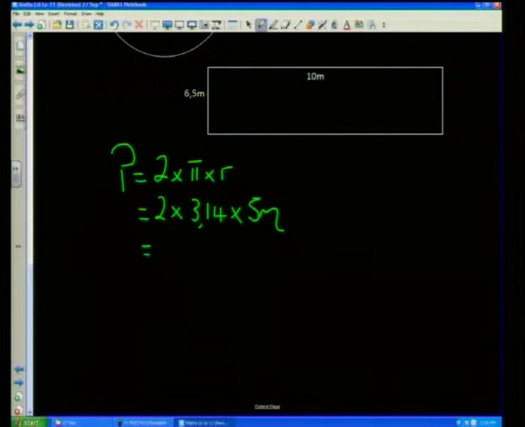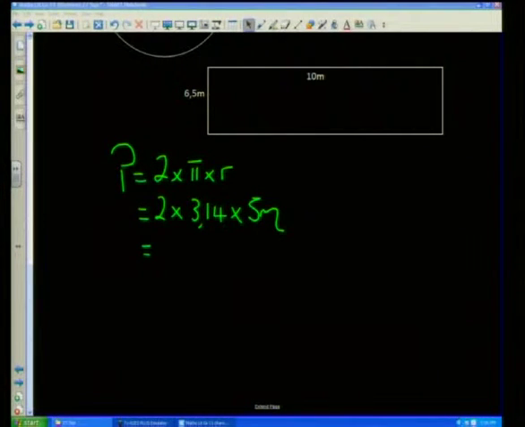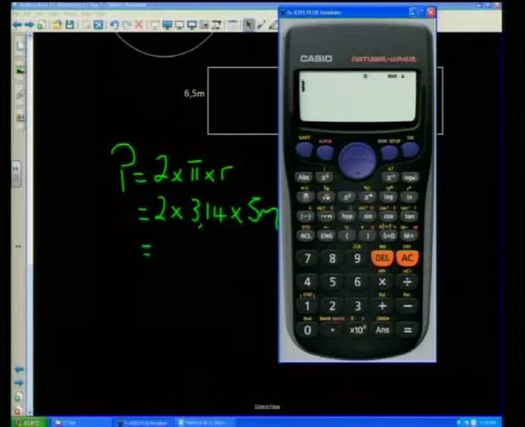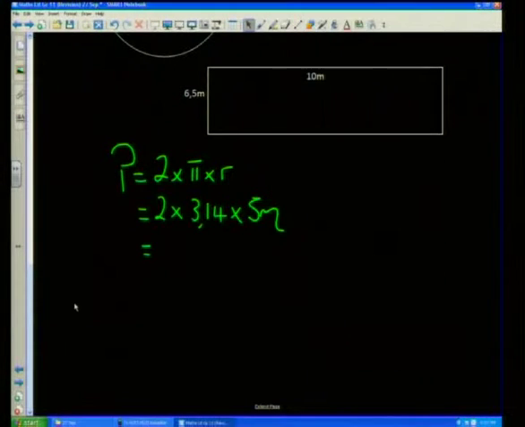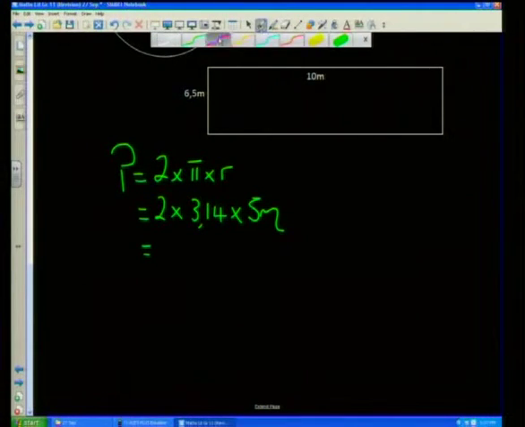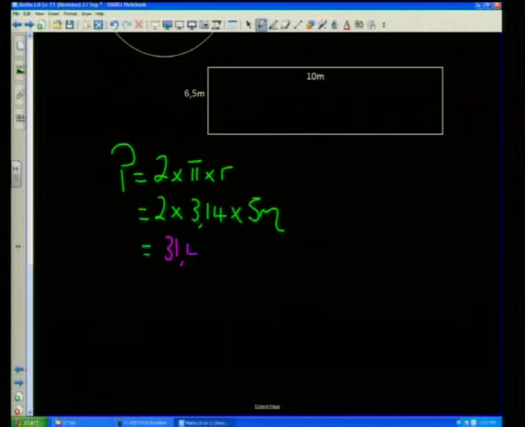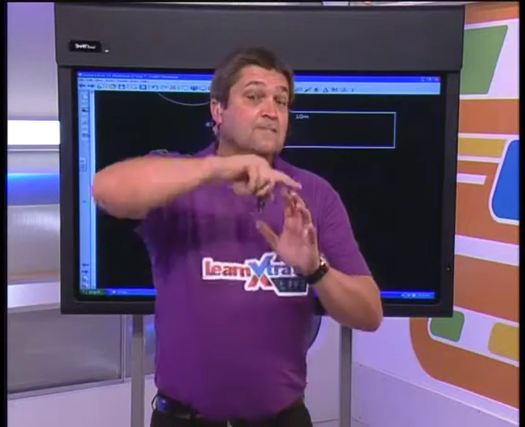Now we're going to let our calculator do the work for us. Okay, so we're going to say, right, 2 multiplied by 3.14 multiplied by my radius, which is 5, and my answer now is going to be 31,4. Okay, 31,4. 31,4 what? 31,4 meters.